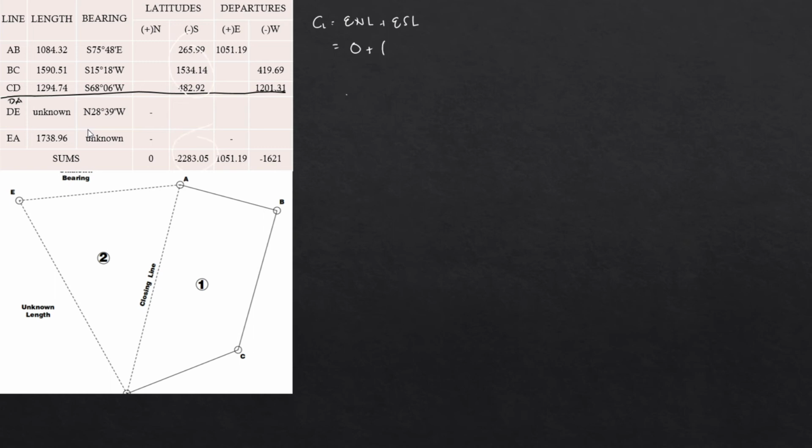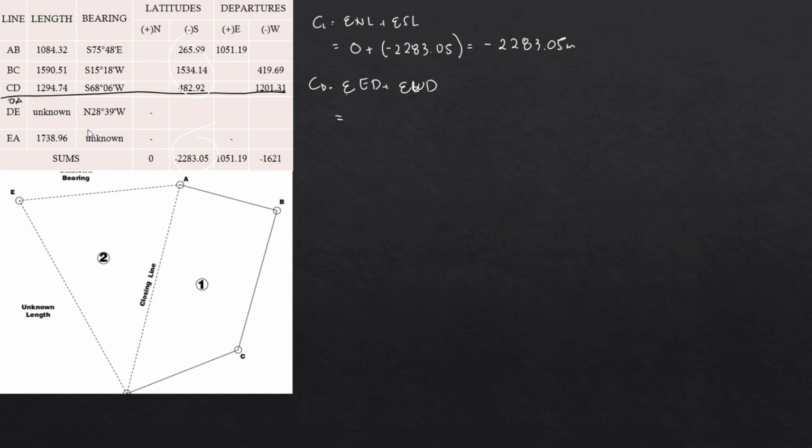So, meron tayong negative 2,283.05. CL natin ngayon is equal to negative 2,283.05 meters. Then, CD natin is equal to summation ng east departure plus summation ng west departure.